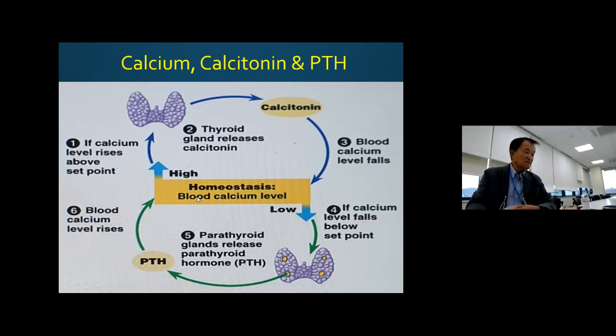As you see here, if you have hypercalcemia, that will stimulate calcitonin, and then if it is too high, the calcium comes down. If the calcium is low, then the parathyroid is stimulated and makes the calcium level rise back. So there's a kind of homeostasis or feedback system in any hormonal organs or systems.